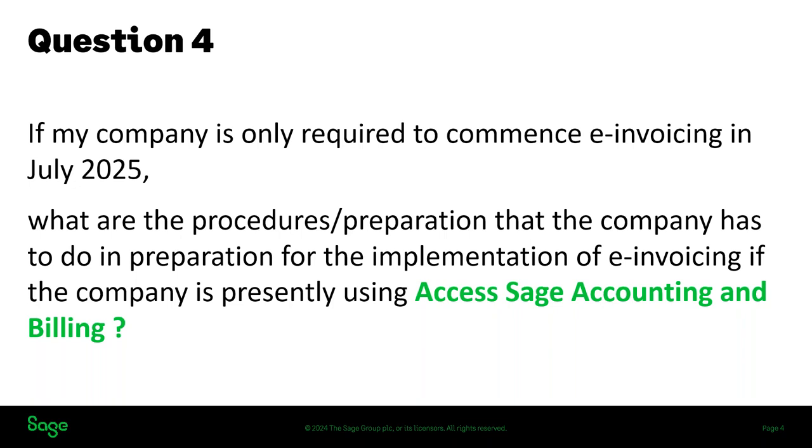Now, in terms of how Careware-Sage accounting and billing are going to be implementing the e-invoicing requirements, that I'm not sure. I hope somebody from the Sage team can pick that up later on.